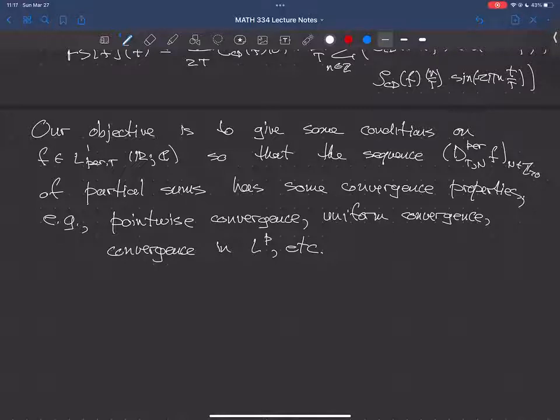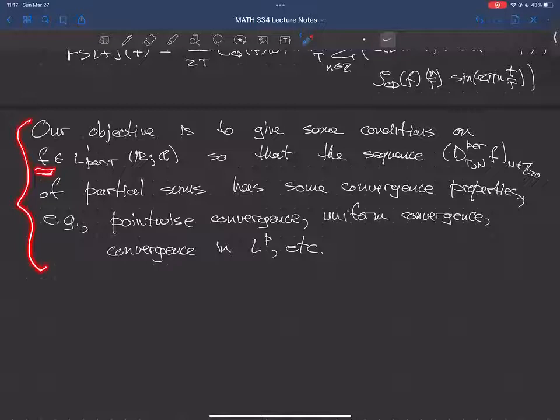So another objective, and I want to talk about this now just because now is a good time for it to come up. What I'm saying here is that this sequence of partial sums for general f in L1 has pretty crappy convergence properties. I get no kind of useful convergence, okay? And so this way of approaching the problem says I need to consider less general f's, right?